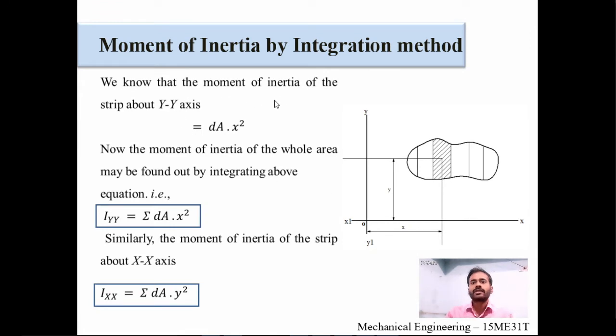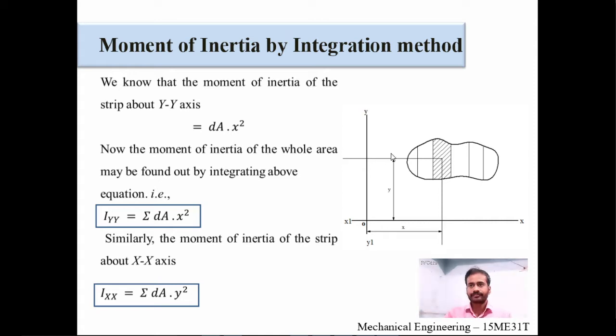So, we know that the moment of inertia of the strip about y axis, when you calculate the moment of inertia about this y axis, it is the area into the distance multiplied 2 times, that is dA into x into x. It will be dA into x square.